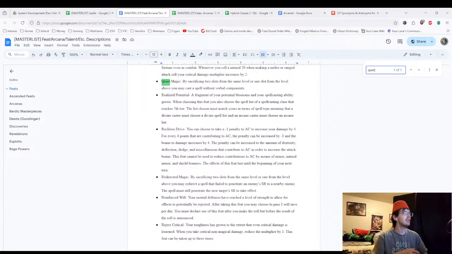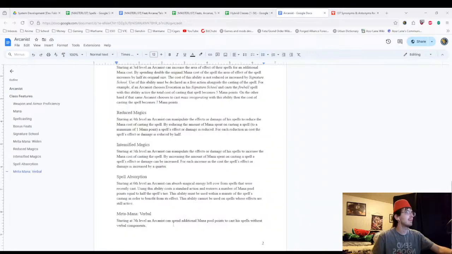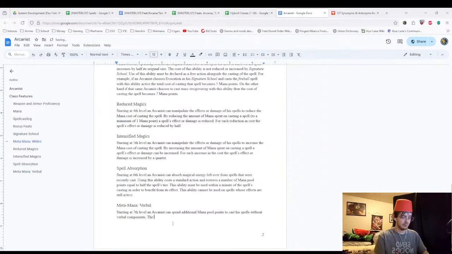Okay, well, we can make this cheap to do. Increases the mana cost by 1 mana point.